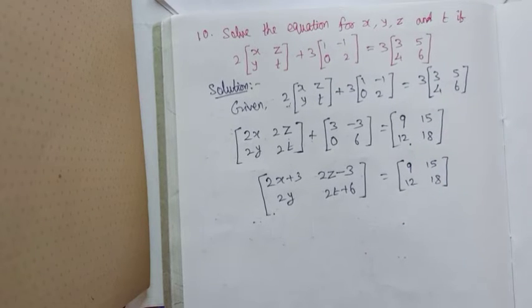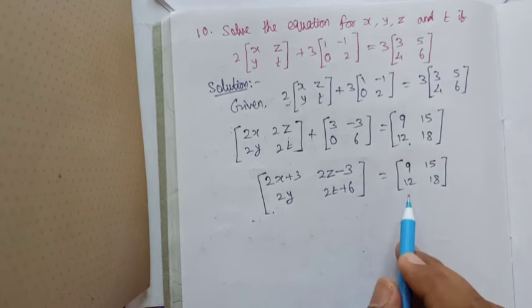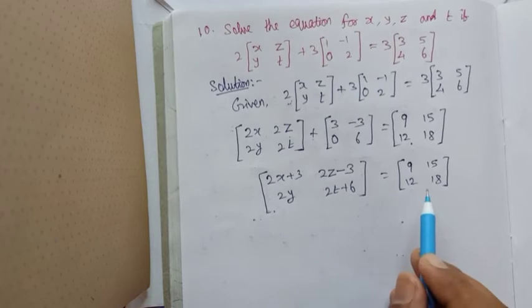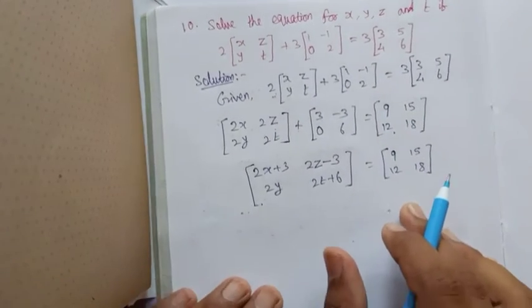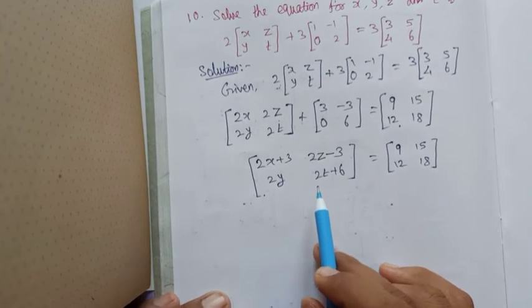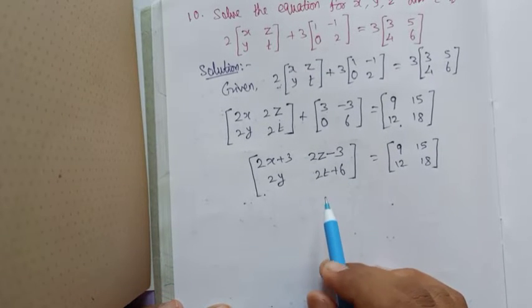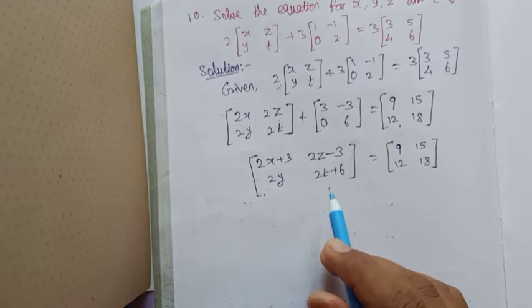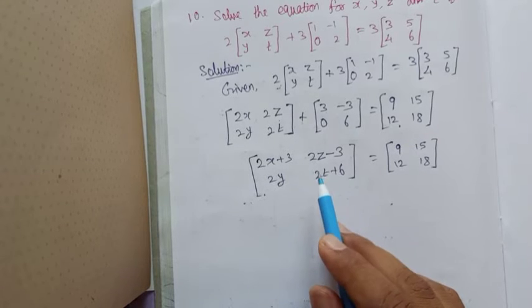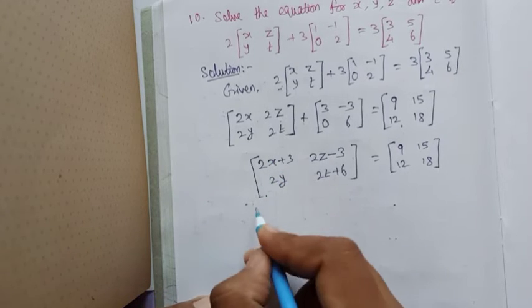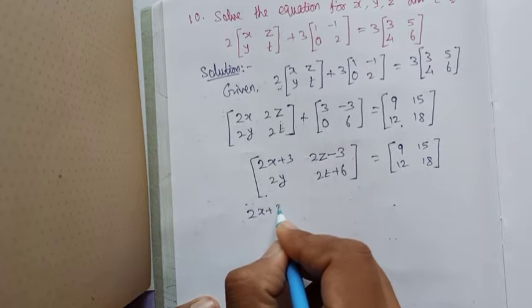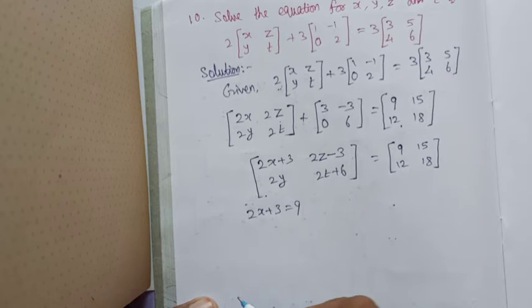So the two matrices have the same order and both are equal matrices, because all the variables are considered equal. Now find out the values of x, y, z and t. Now equating the corresponding elements of these two matrices, the first one, 2x plus 3 is equal to 9.